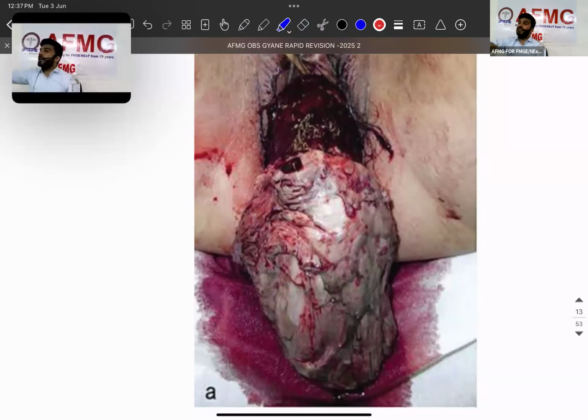So if we handle the third stage of labor carefully, what will eventually happen? No complications. Neither PPH nor inversion nor shock will happen. Yes or no? And what is the main reason to strictly perform the AMTSL? To decrease the maternal mortality ratio. What is the current maternal mortality ratio? 93 as per SRS 2025.